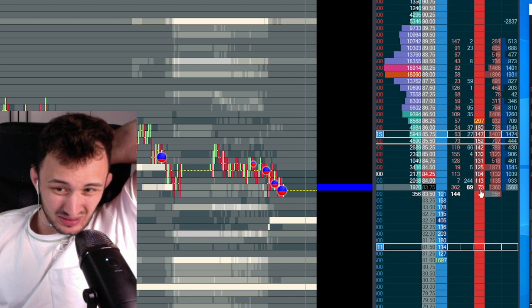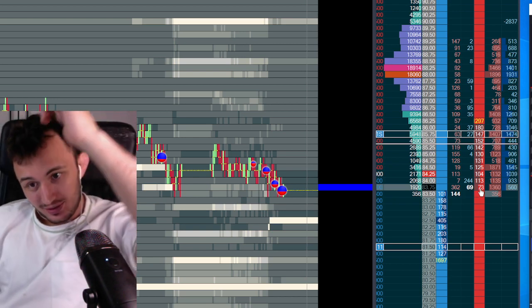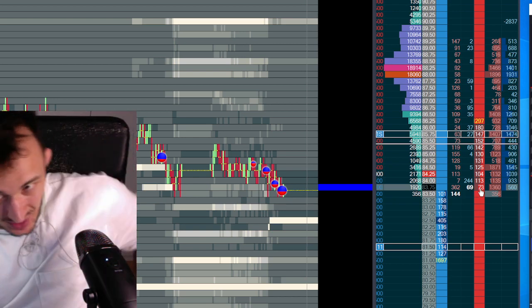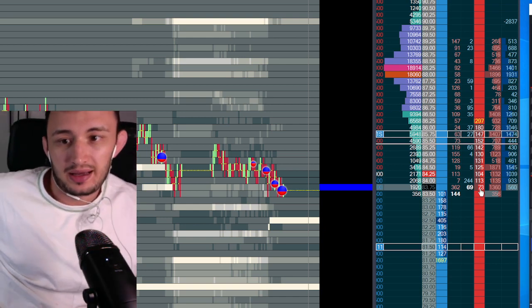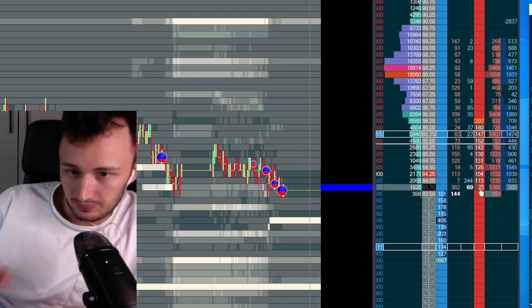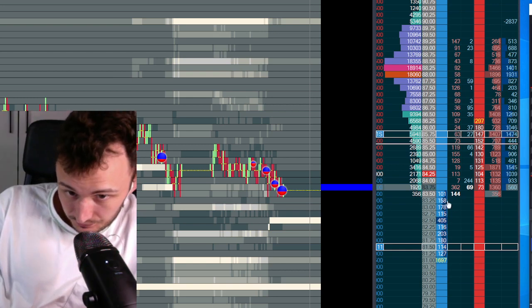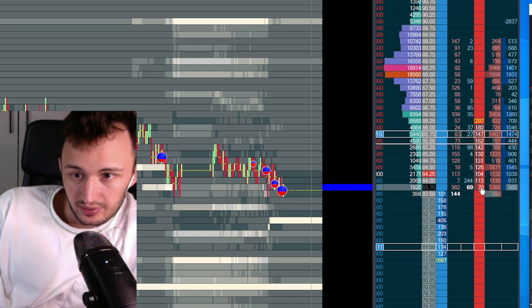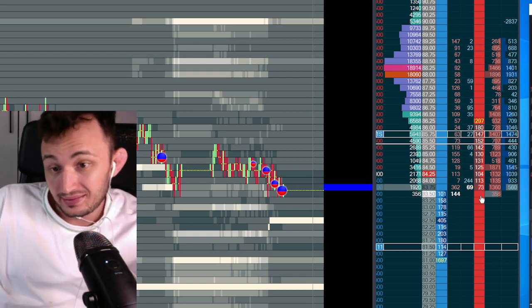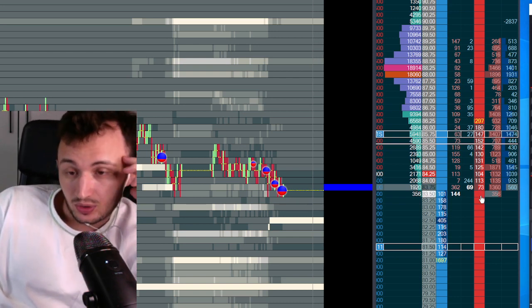You don't want to short just the bottom, that's all. Usually, unless there's really outstanding volume. So if there would be like, I don't know, 600-700 contracts coming in here selling into it, then I might consider shorting at the low, but usually it doesn't work so well.